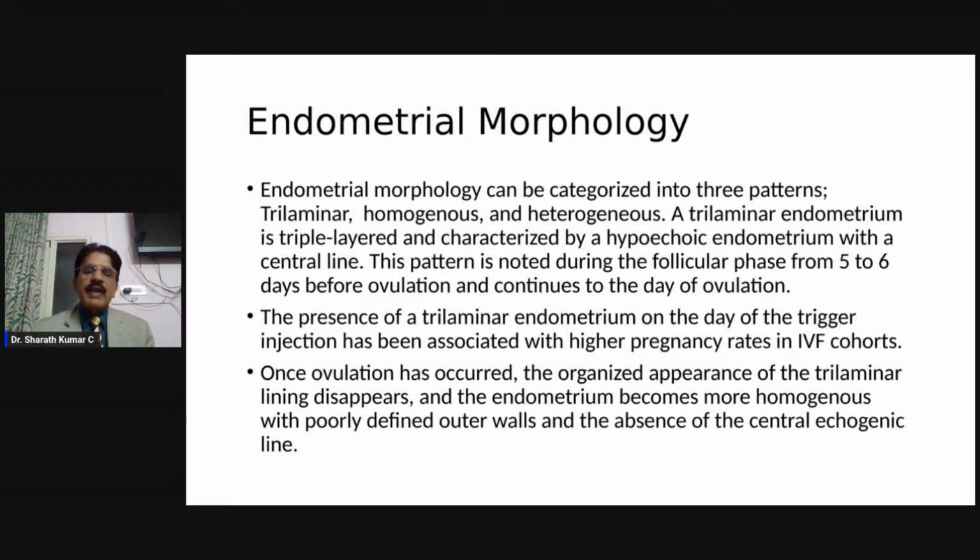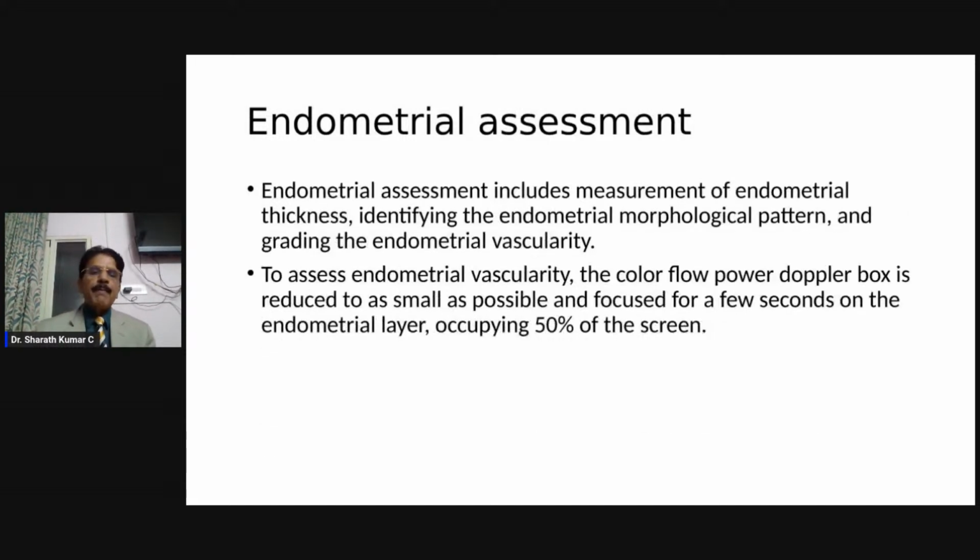The presence of a trilaminar endometrium on the day of trigger injection has been associated with higher pregnancy rates in IVF cohorts. Once ovulation has occurred, the organized appearance of the trilaminar lining disappears and the endometrium becomes more homogeneous with poorly defined outer walls and absence of the central echogenic layer.